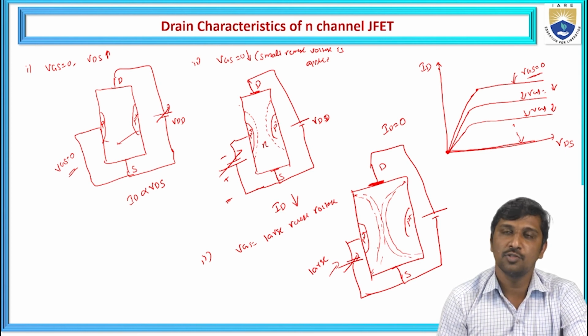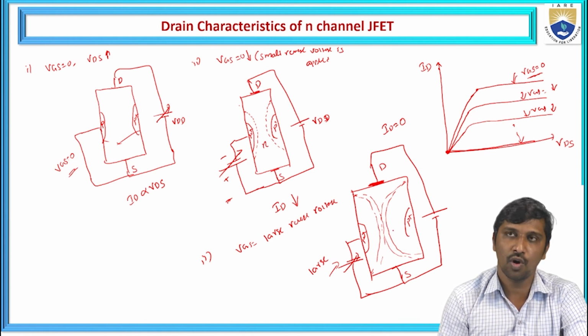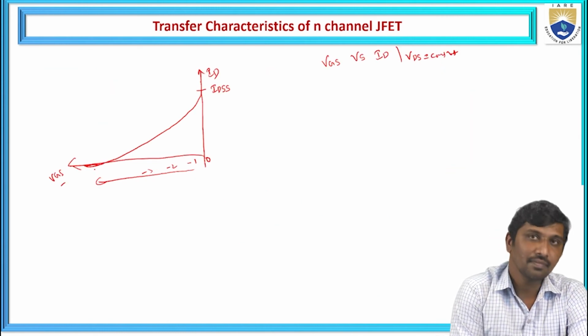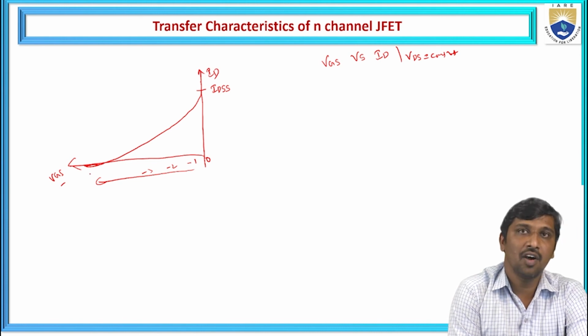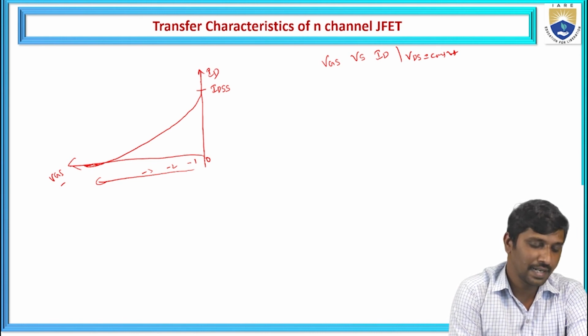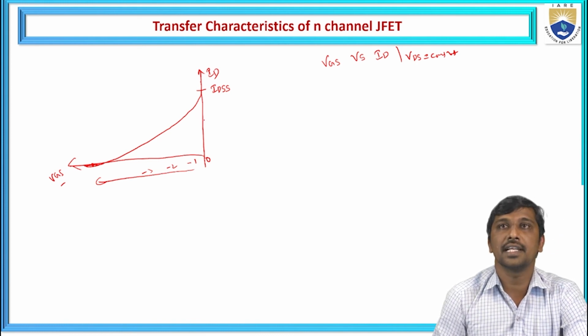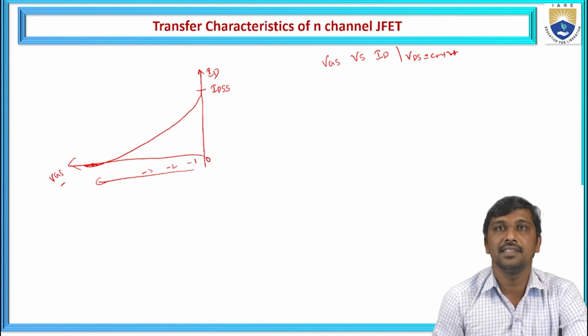Hence, there is no movement of charge carriers from the source to drain. At this point, the drain current becomes 0. That is the reason. So at very large reverse voltage, the drain current becomes 0. This shows the transfer characteristics of the N-channel JFET.